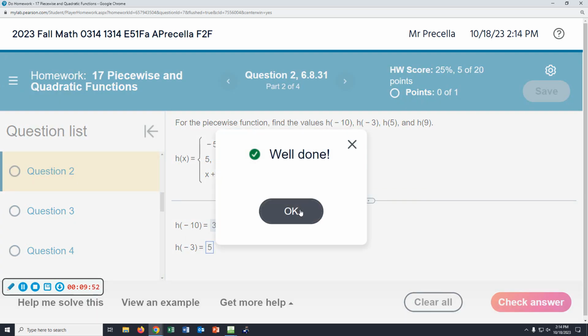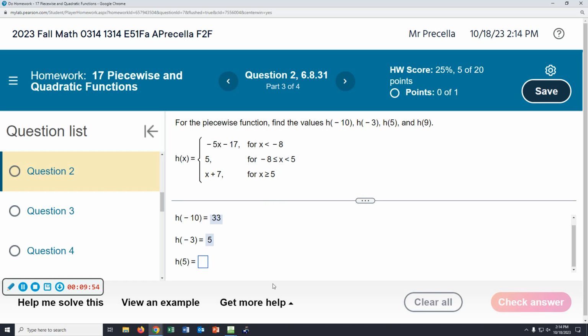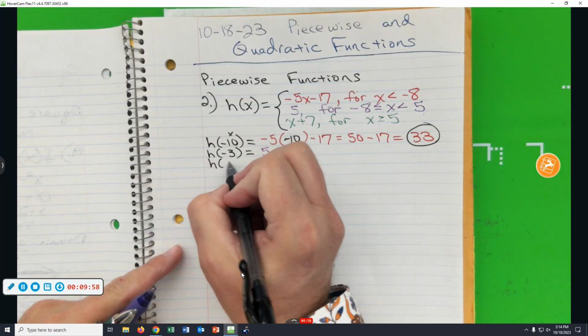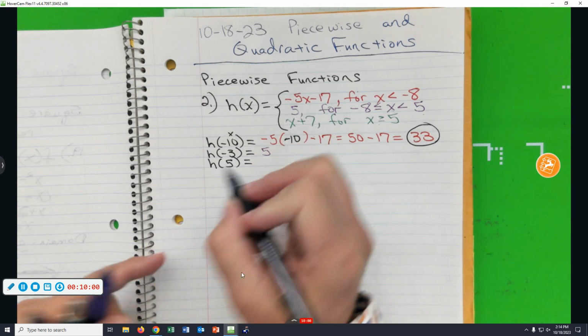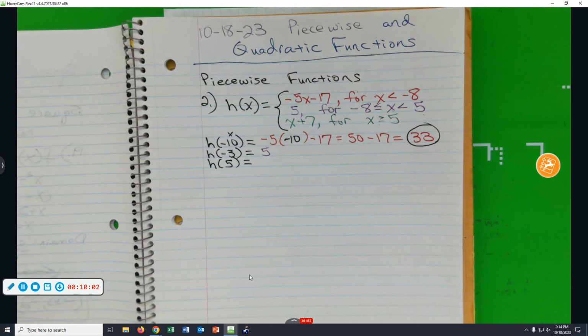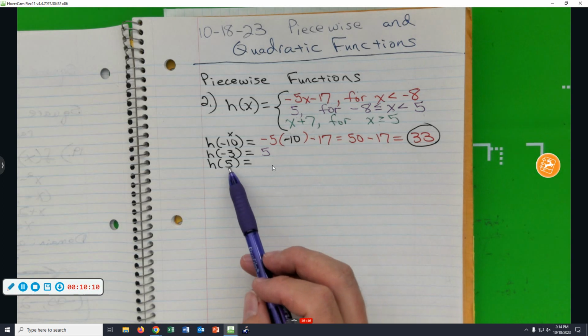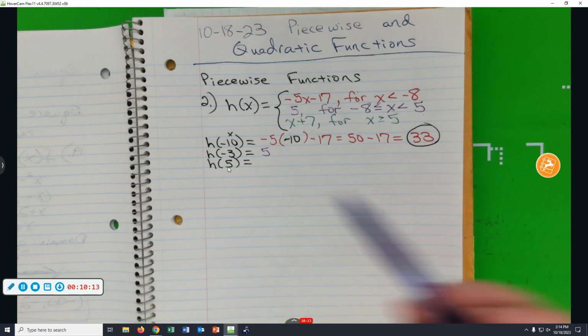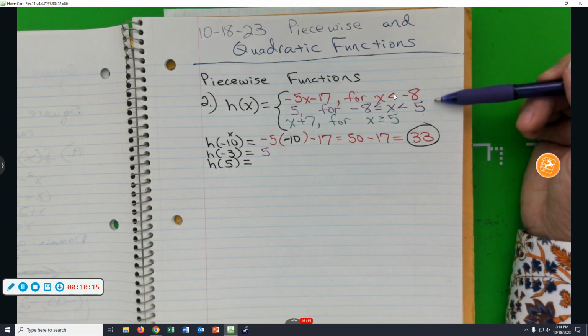Okay, h of 5. Notice every x can have only one y. You can't plug into all three of these. You can't have a red answer, purple, and green answer. Just one number. For the one x value of 5, which condition is satisfied?